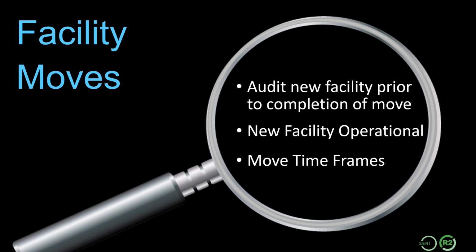If the audit and issuance of the certificate for the new facility is not completed within 6 months of the move, the CB will withdraw the R2 certificate for the previous location. This means the facility would need a new Stage 1 and Stage 2 audit of the new facility location if it decides to reapply for certification.